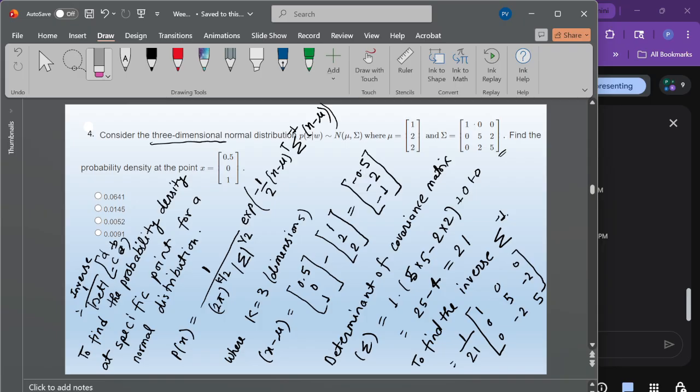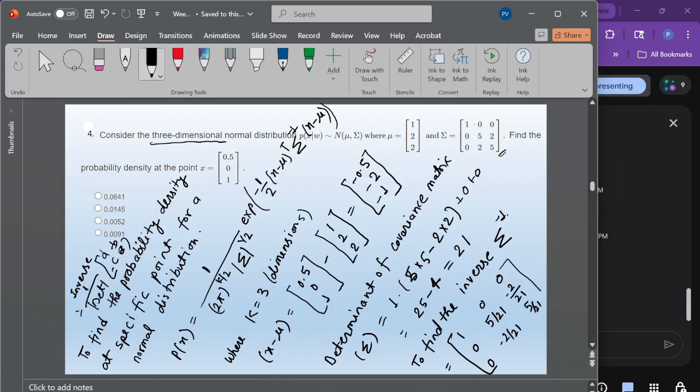So I can directly write the inverse matrix 1 0 0. You can calculate it yourself too: 5 by 21, minus 2 by 21, minus 2 by 21, and 5 by 21. So this is the inverse of this matrix.